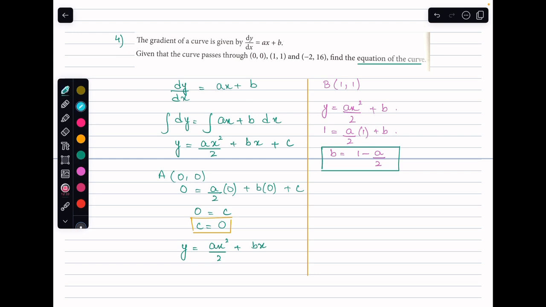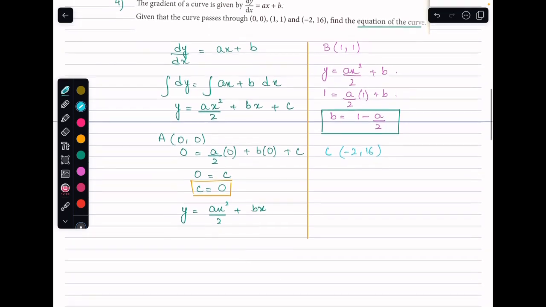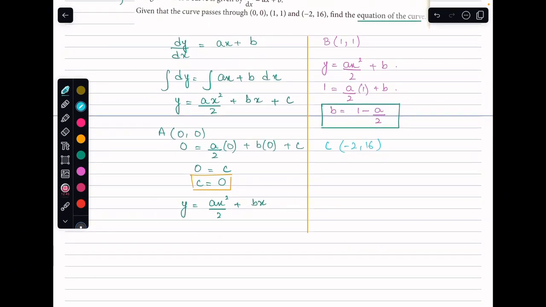So the third equation, now let's call that point c, which is given in the question as (-2, 16). This point lies on the curve, therefore I can substitute this (-2, 16) in the y equation, which was ax squared by 2 plus bx.